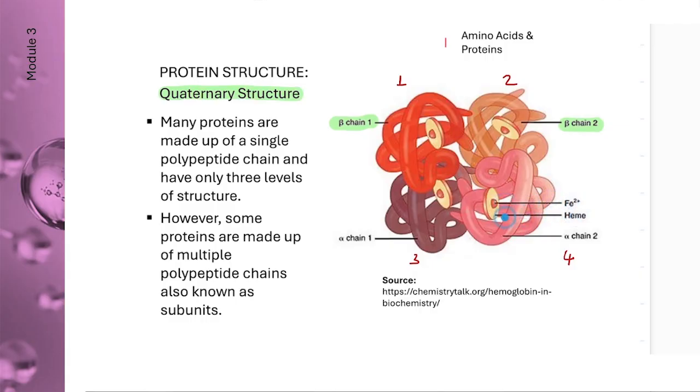Hemoglobin is the protein responsible for the transport of oxygen. On the heme group, oxygen binds, and you also have the iron group that binds in one of the subunits, and this is how hemoglobin functions in transporting oxygen.